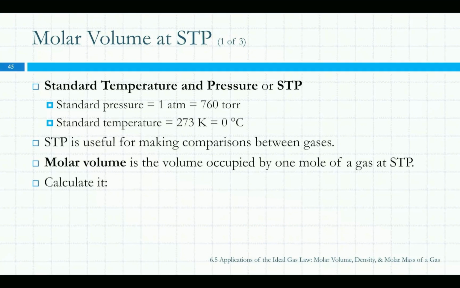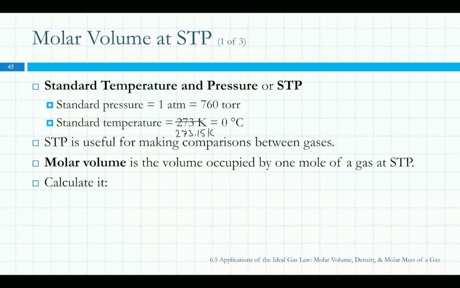So standard pressure is always 1 atmosphere, 760 torr, and the standard temperature is 273 Kelvin or 0 degrees C. Actually, that should be 273.15 Kelvin, 0 degrees C. It's useful for making comparisons between gases because I can take any gas and, using the combined gas law, convert it into standard temperature and pressure and figure out what the volume would be at STP.